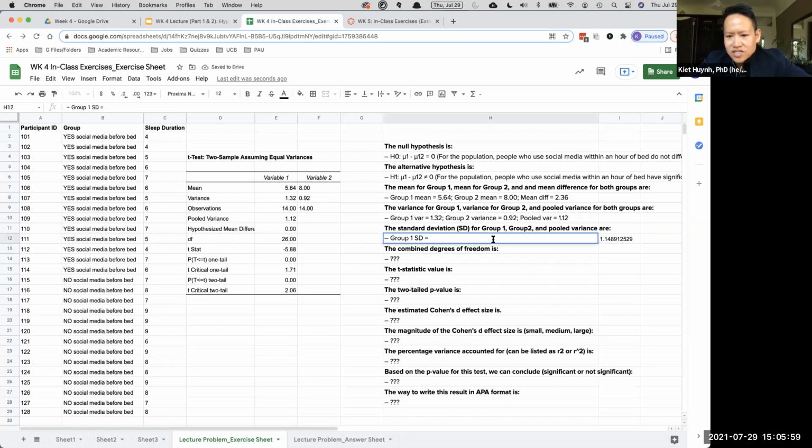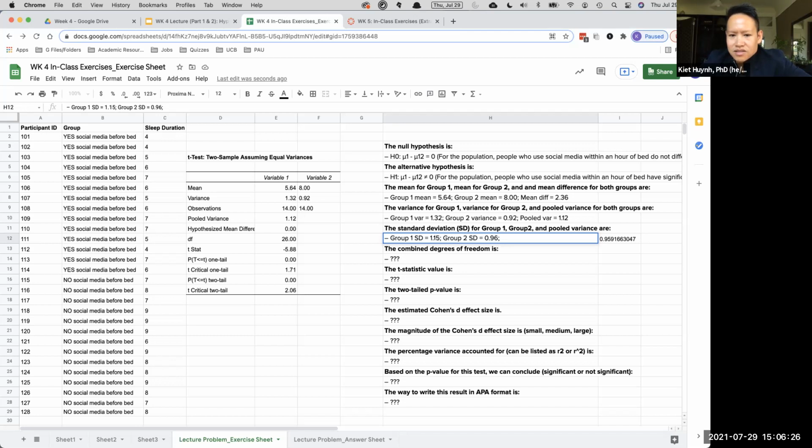So standard deviation is 1.148 or 1.15. Group 2 standard deviation equals, double click on this, bring up the formula again, delete the variance of group 1, put the variance of group 2, which is 0.92. The standard deviation of group 2 is 0.96, rounding up.